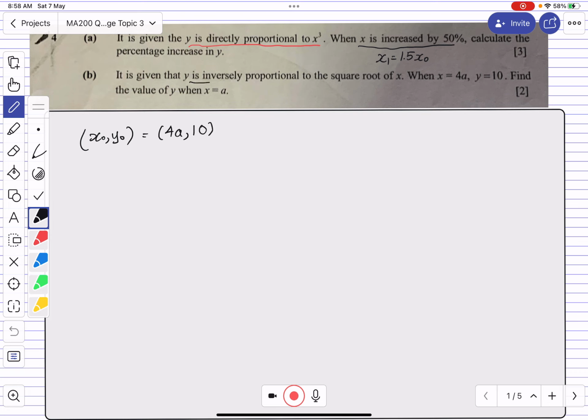We know that y is inversely proportional to the square root of x, so that tells us that y is equal to k over the square root of x.